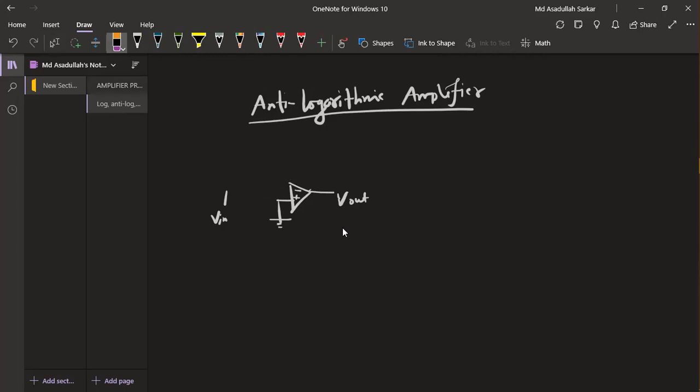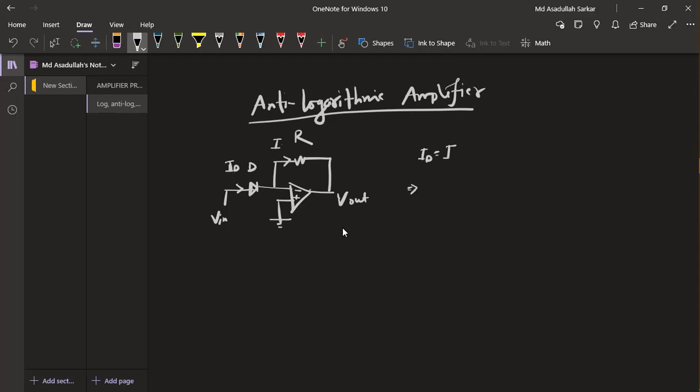In this case, the diode will be in the input path, and the feedback path will be with a resistance R. Here the diode D. In this case also the current flows through diode D, ID, and the same current flows through R. So ID is equal to I.